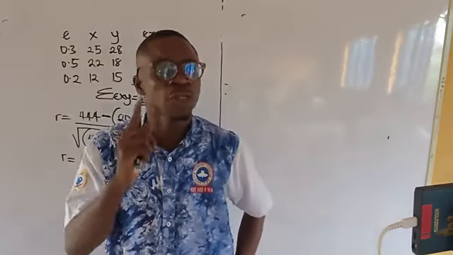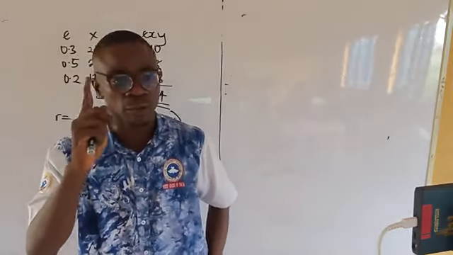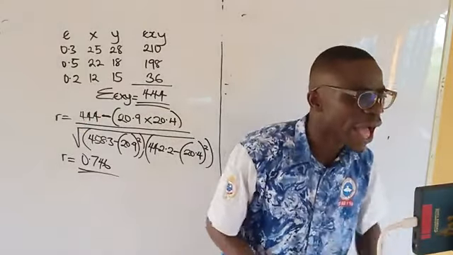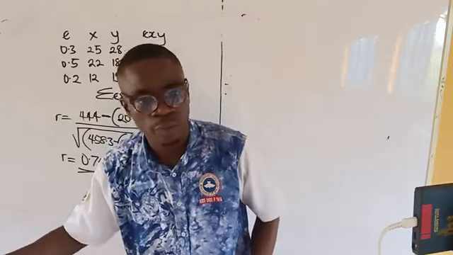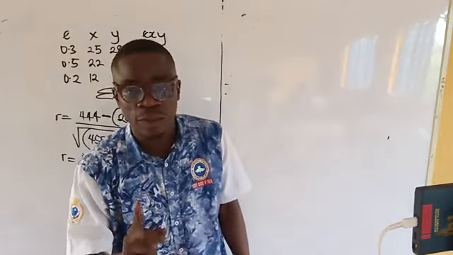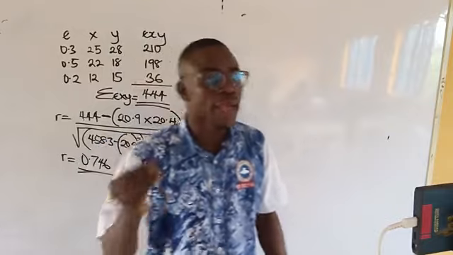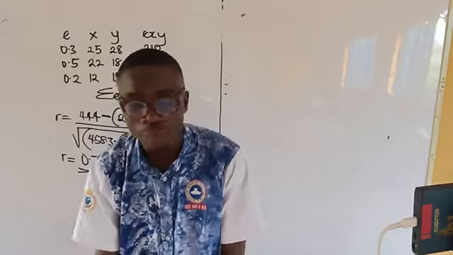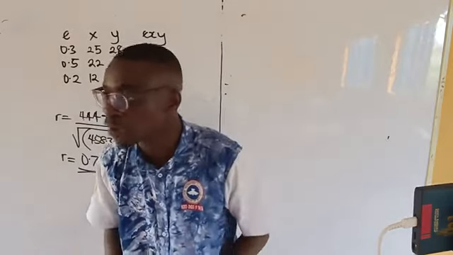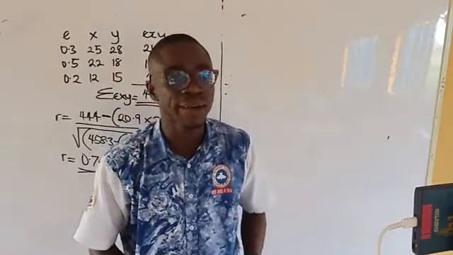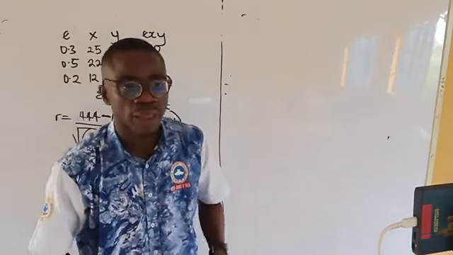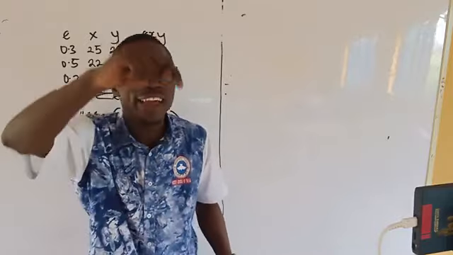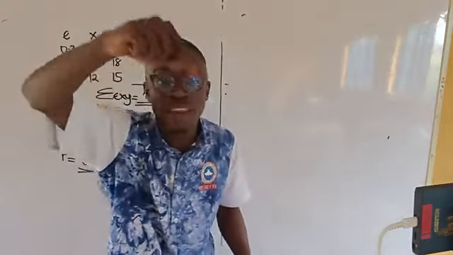Now, get this. We have two types of risks when we are talking about investment risks. We have systematic risks and unsystematic risks. Unsystematic risks can be eliminated or reduced through diversification. But systematic risks cannot be eliminated through diversification, because it's the risk that exists in the market.